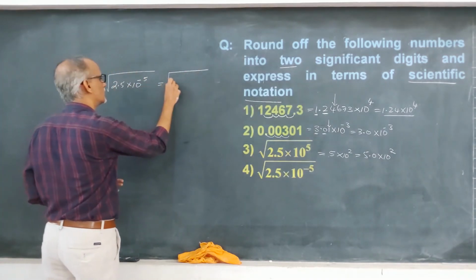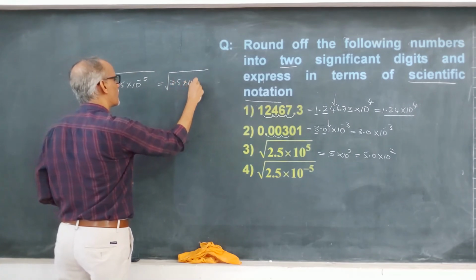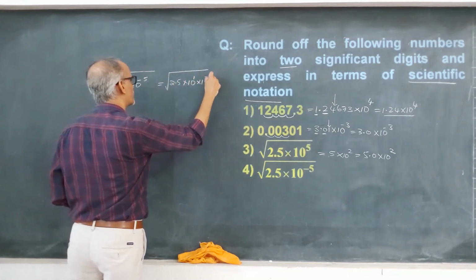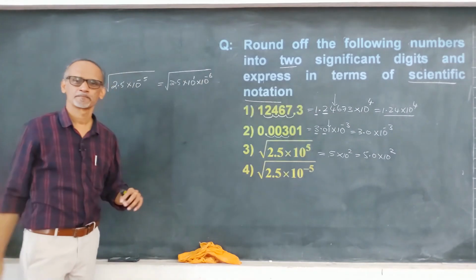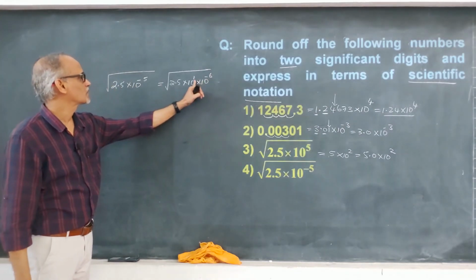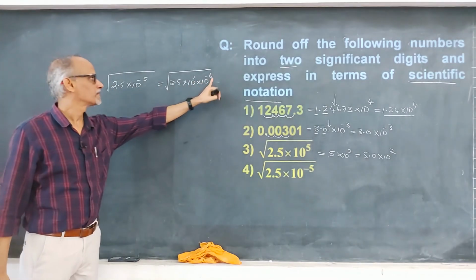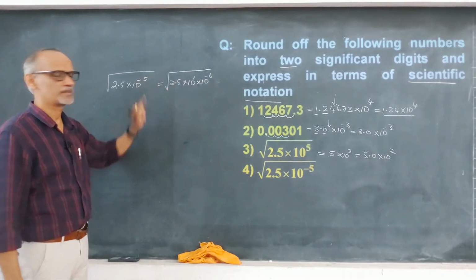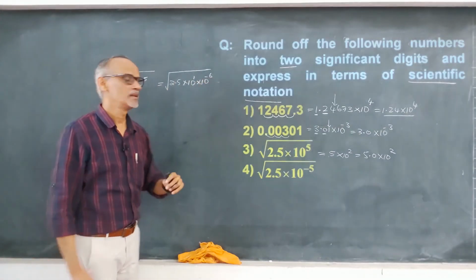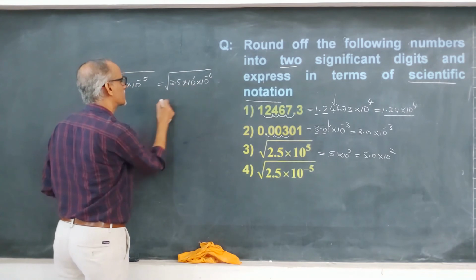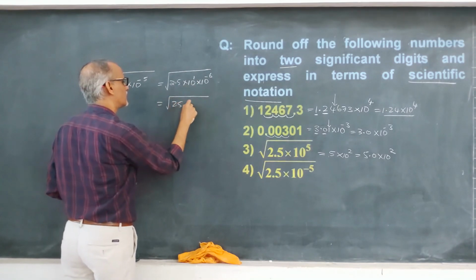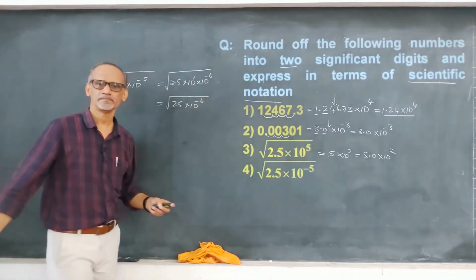So that is 2.5 into 10 to the power 1 and 10 to the power minus 6. Can I write like this? Because minus 6 plus 1 is minus 5, right? And see, now it's an even number. And 2.5 into 10 is nothing but 25 into 10 to the power minus 6.